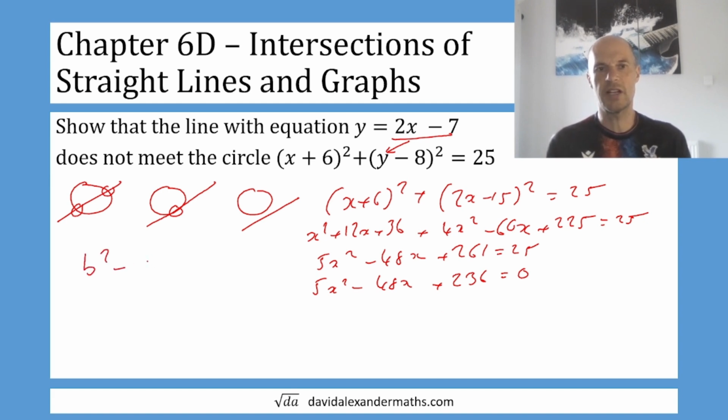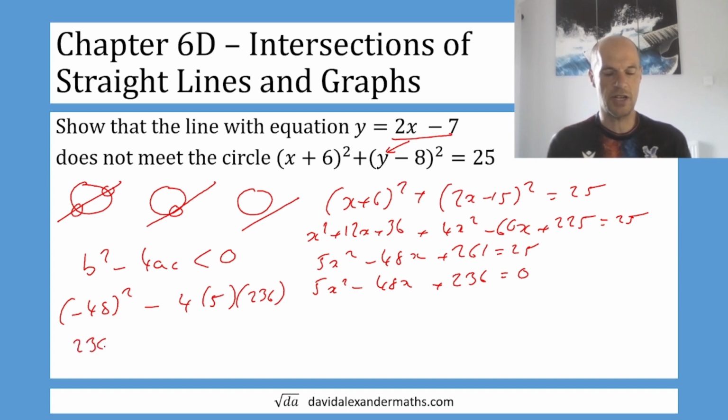b² − 4ac. Now, if it is negative, if it's less than 0, that means there are no solutions. So what we have is (−48)² take away 4 times a, which is 5, times c, which is 236. Now 48 squared is 2,304, and we are subtracting 4 times 5 times 236, which is 4,720.